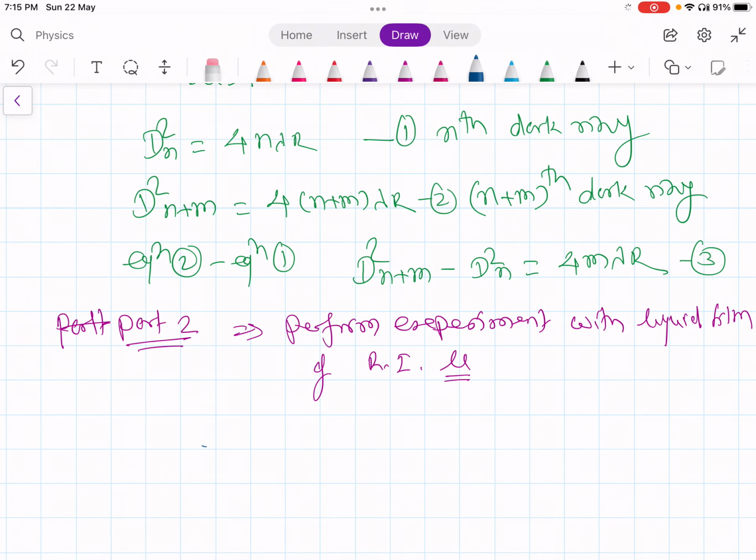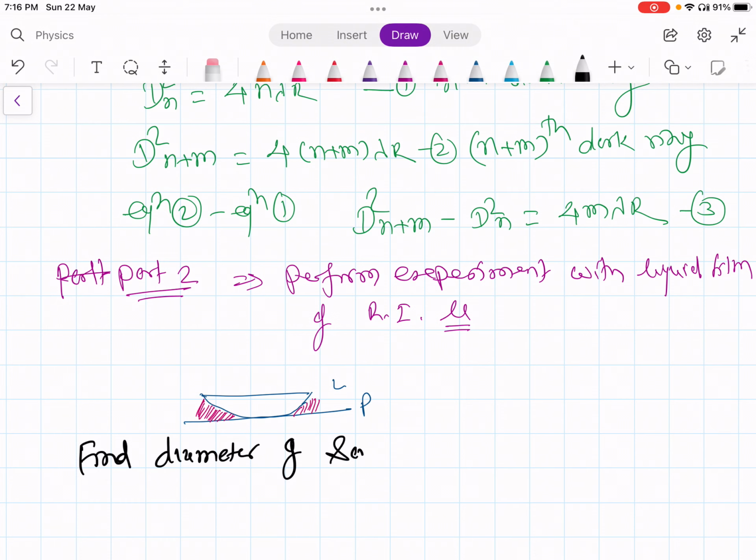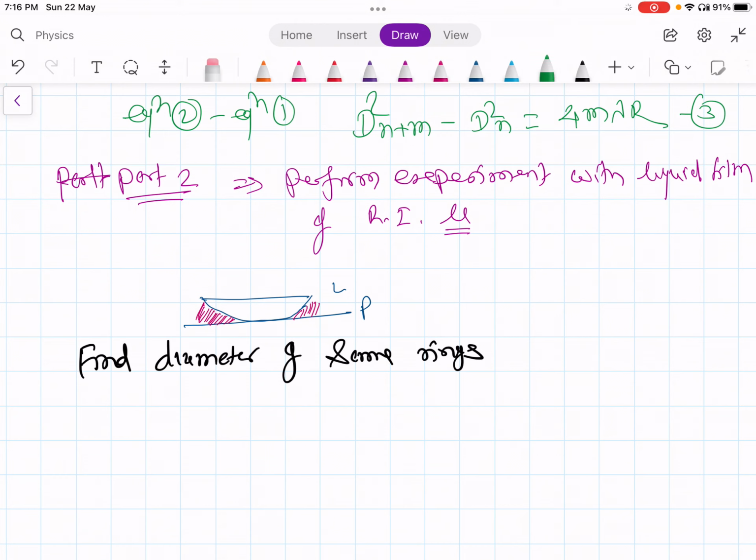Initially, as you see here in this diagram, there is an air film between the lens L and the plate P. Now we have to fill that space with the liquid. Now there is a liquid film. And then find the diameter of the same ring numbers. So let us find now the diameter of the nth ring.